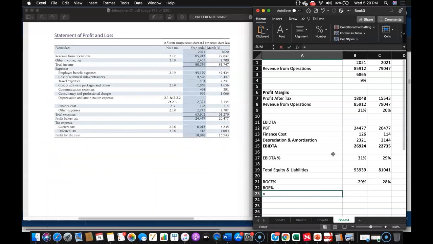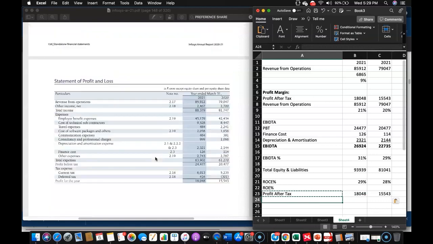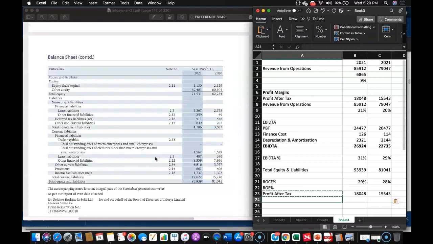That we can compare with the equity shareholder funds. Here we have the total equity, 71,531 and 62,234.